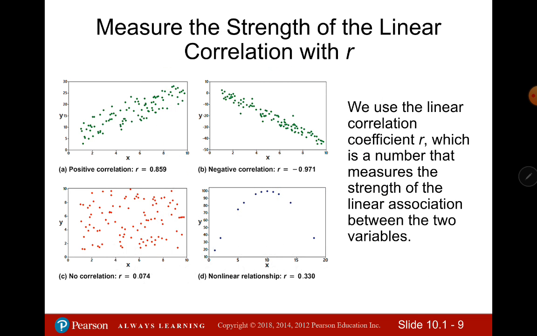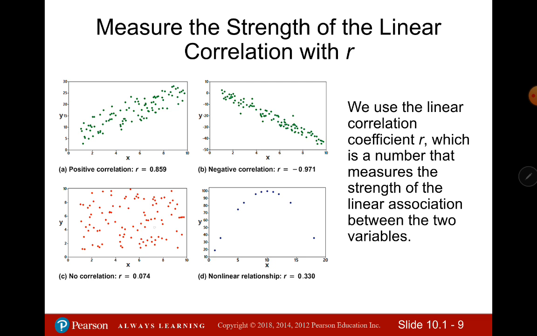So we have different kinds of correlation, right? For the first one, we can find a straight line, and the slope tells us it's positive correlation. Similarly, the second is also a straight line, but it tells us it's negative correlation.